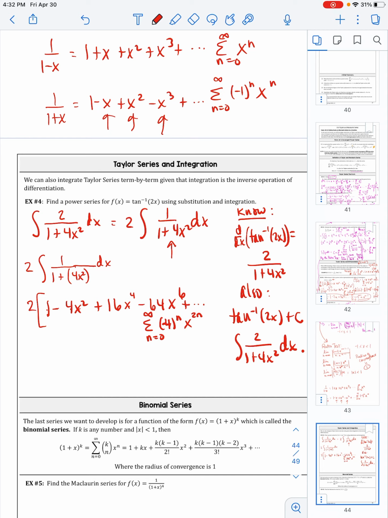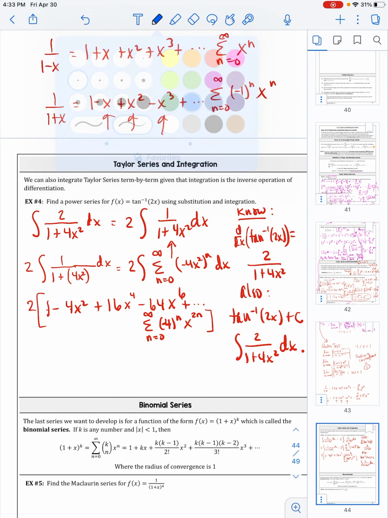And now we need to get our x's. So this is going to be x to the 2n, because this one is x to the 0, x to the 2, x to the 4, x to the 6. And that right there is our summation. Now, since we were integrating this, we said that this was equivalent to 2 times the integral of this, which should be equivalent to 2 times the integral of this summation.